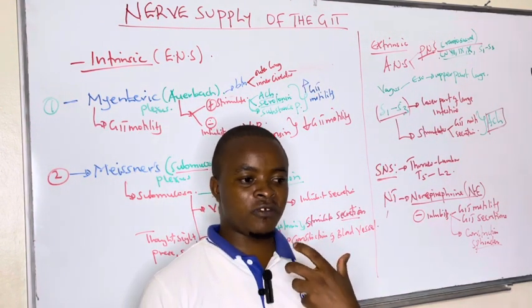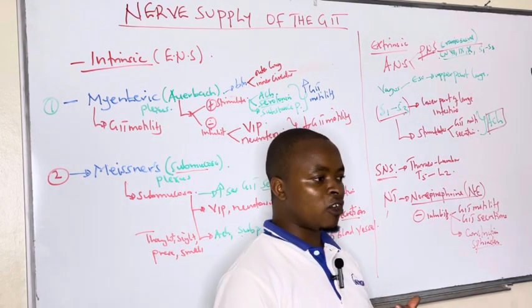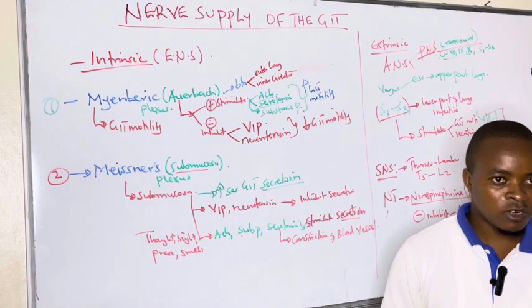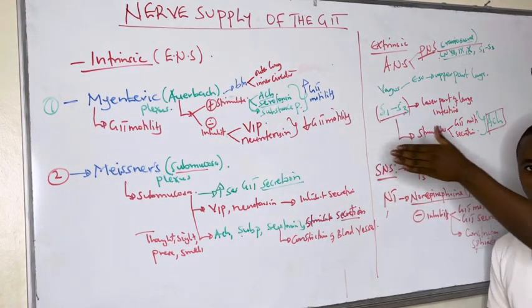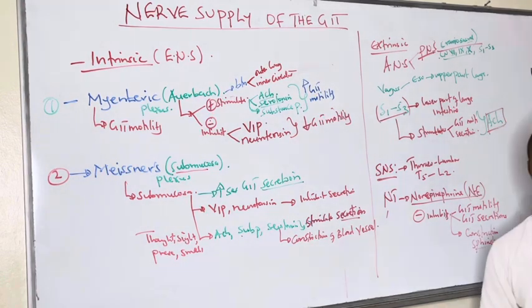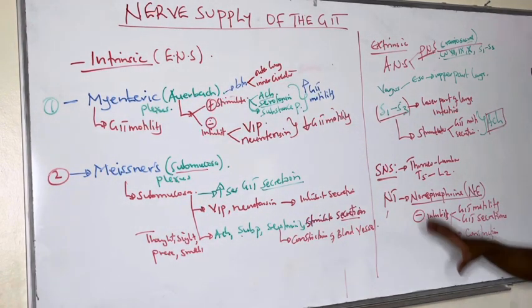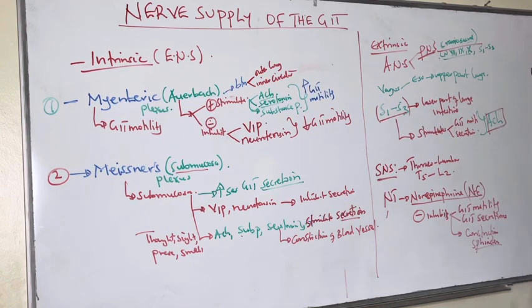I told you that the reflexes are two: local reflex and vagovagal. Vagovagal means the sensory receptor takes the information to the brain, then the motor brings it back. We call them vagovagal because they are supplied by the vagus nerve, which is cranial nerve 10. So this is the extrinsic nerve supply of the GIT.